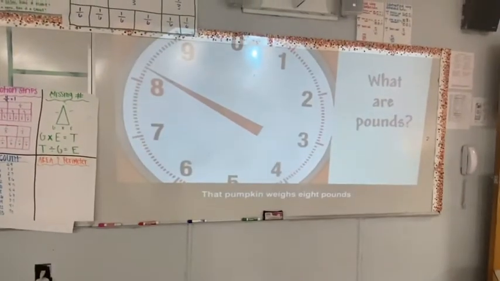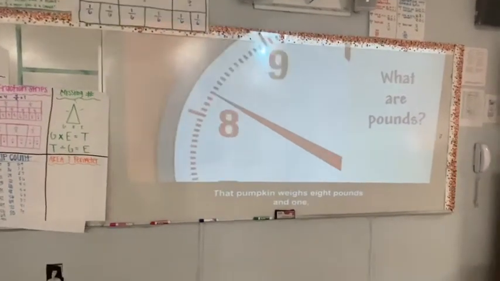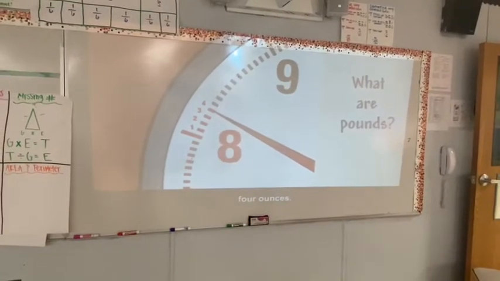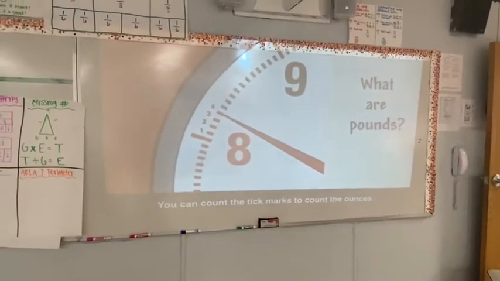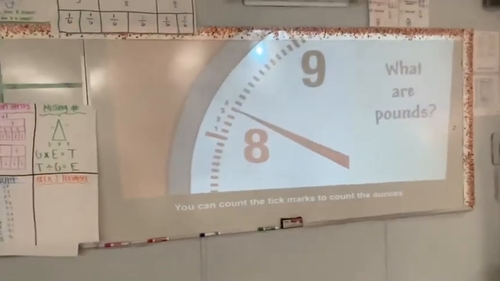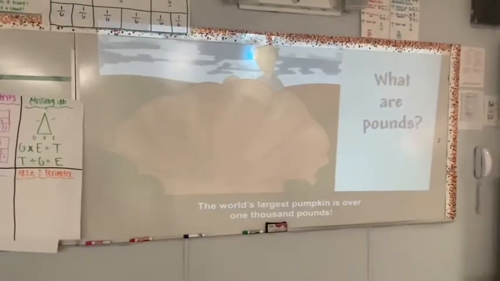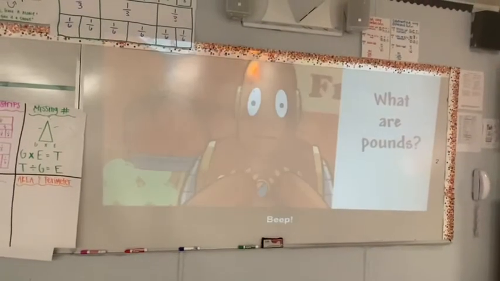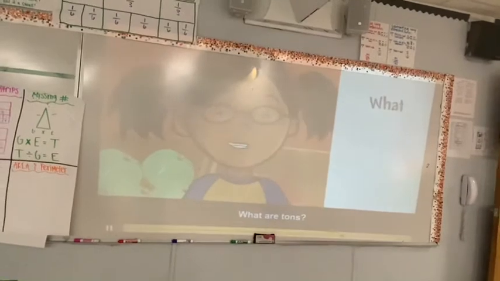That pumpkin weighs 8 pounds and 1, 2, 3, 4 ounces. You can count the tick marks to count the ounces. The world's largest pumpkin is over 1,000 pounds. What are tons?